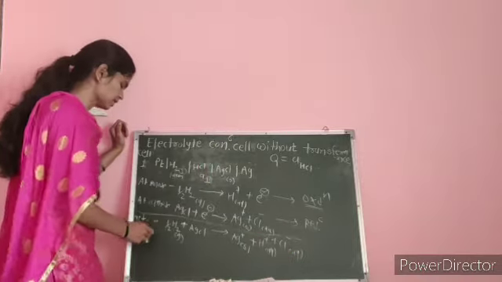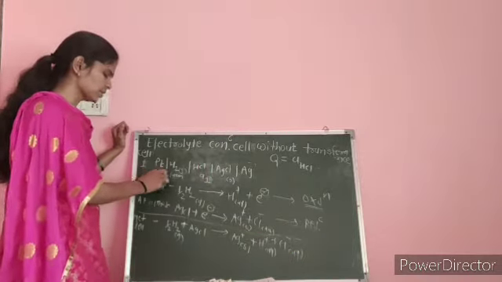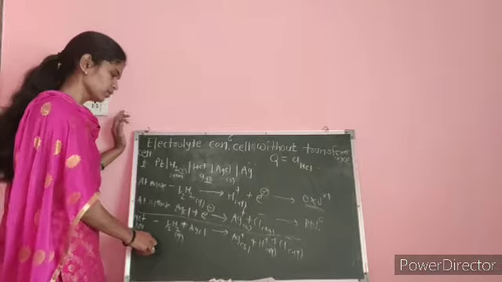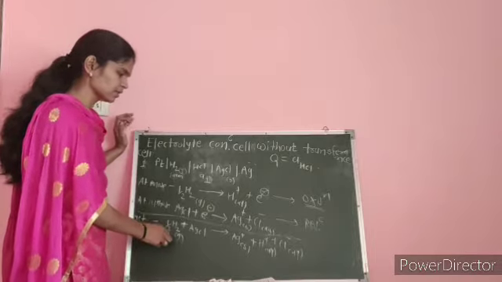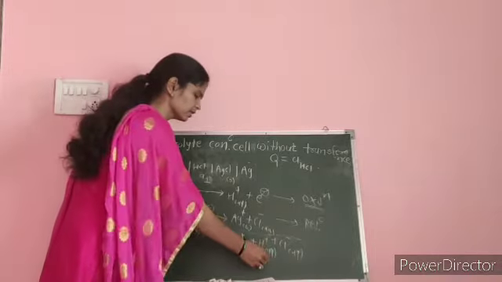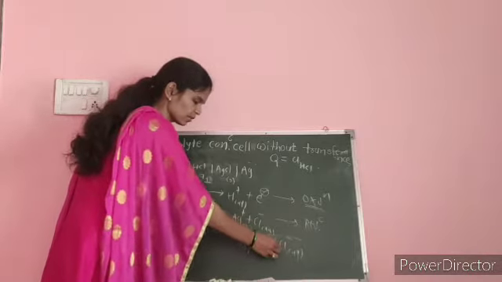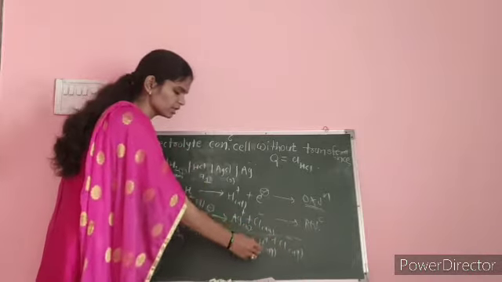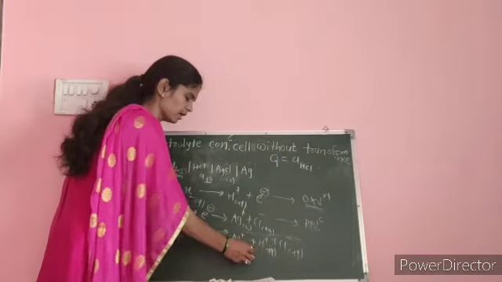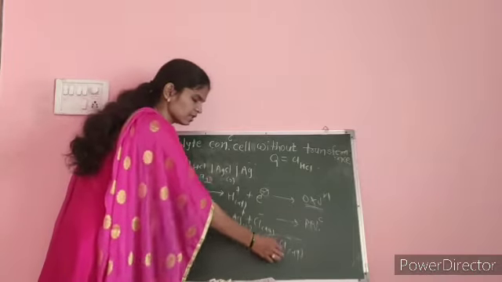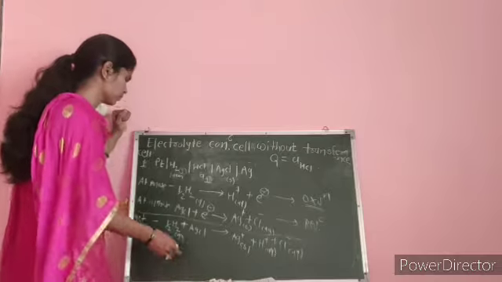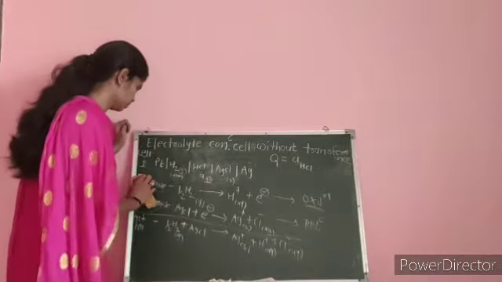This is the net cell reaction for the first cell. Here we can write H plus and Cl minus separately, but we know that we write HCl in aqueous solution.